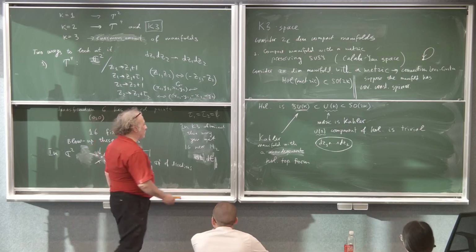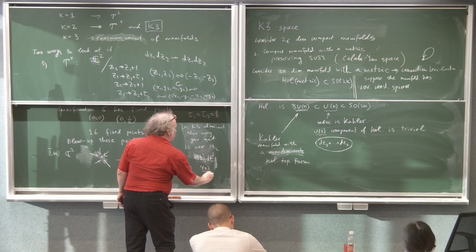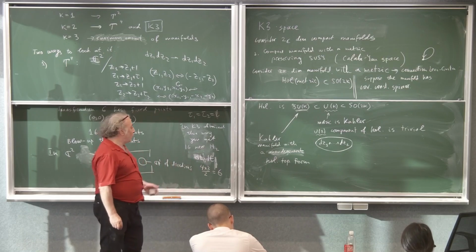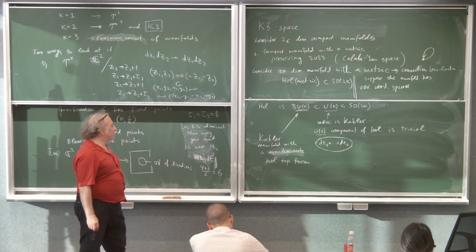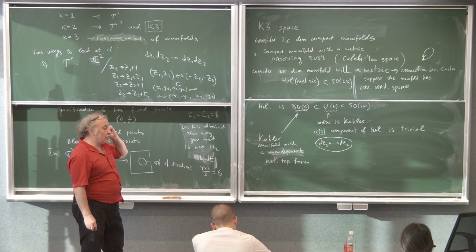So what was the number of these forms? 4 times 3 over 2. So there were 6 of them. And you see that these differential forms are invariant under these two projections.